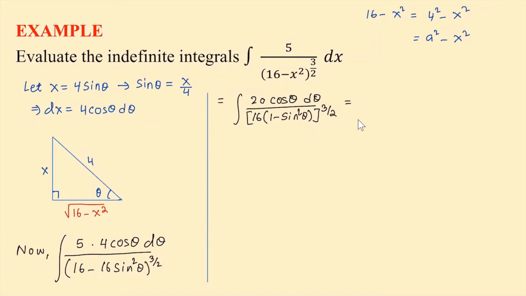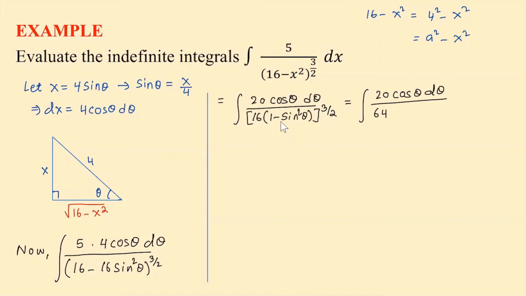This is equal to the integral of 20 cosine theta d theta over 16 raised to 3 over 2. That is 16 raised to power 1/2, the square root of 16, which is 4, and you are cubing it. 4 cubed is 4 times 4 times 4, which is 64.